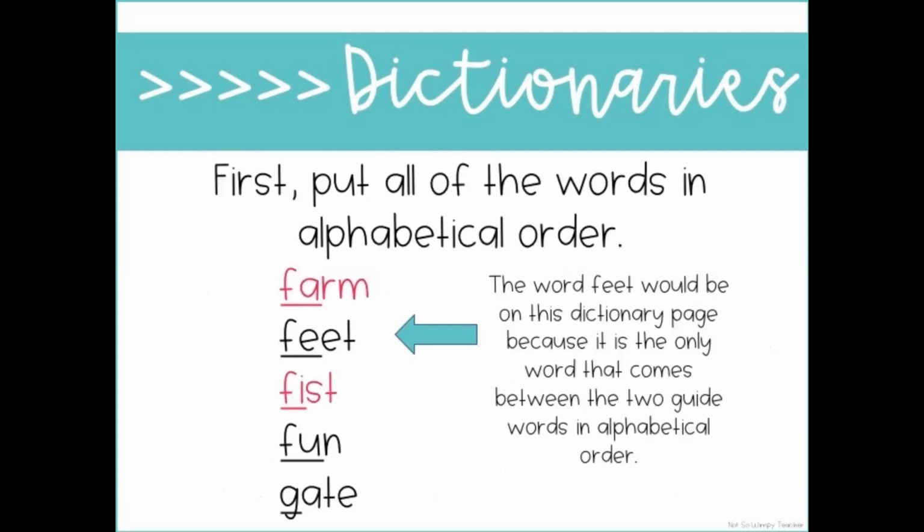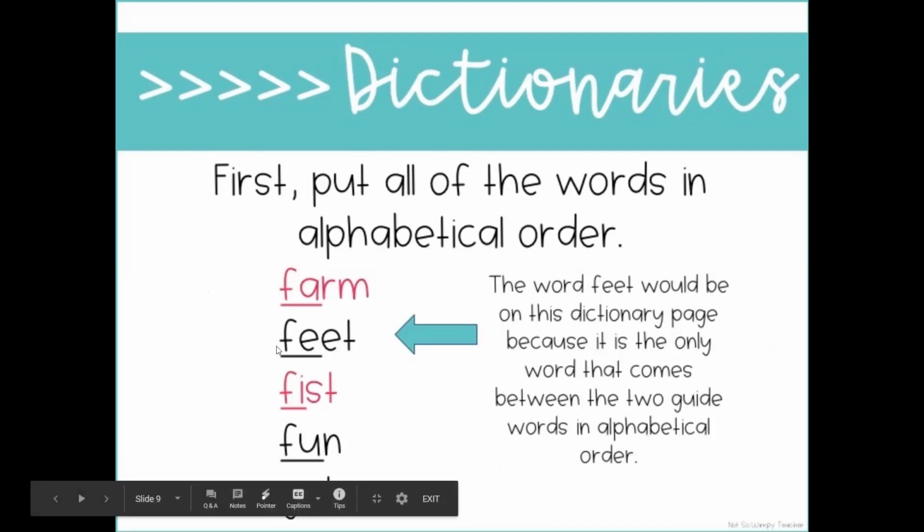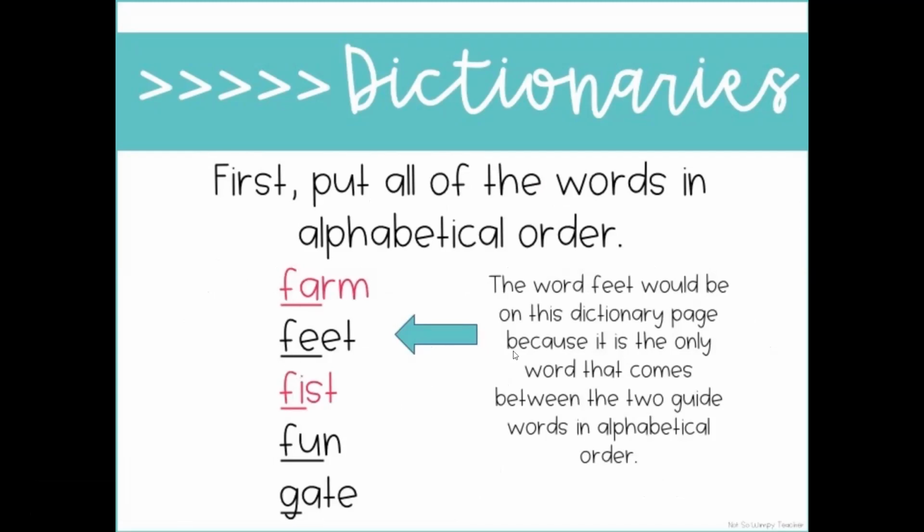So looking at the example, the word feet would be on this dictionary page because it is the only word that comes between the two guide words in alphabetical order. So again, we have FA and FI. FE comes between those. F and then the U and then the G for gate, they do not come anywhere between farm and fist.